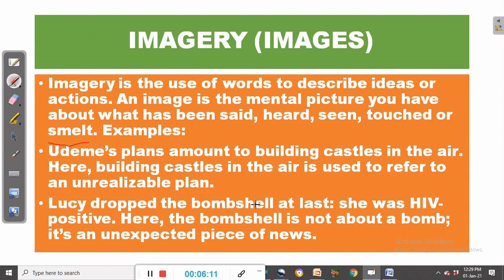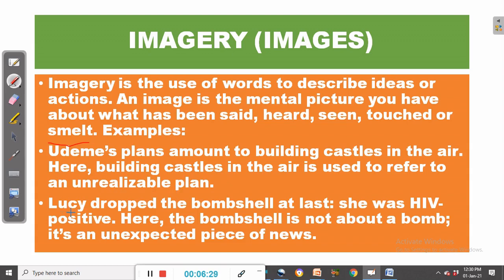And so it has not been a common thing to find a house built in the air. So that gives you a picture of an unrealizable plan or an impossible mission.